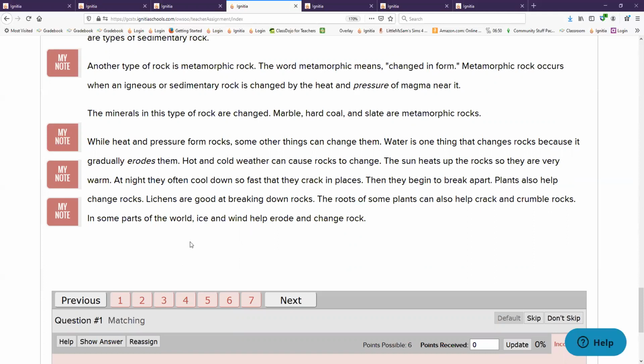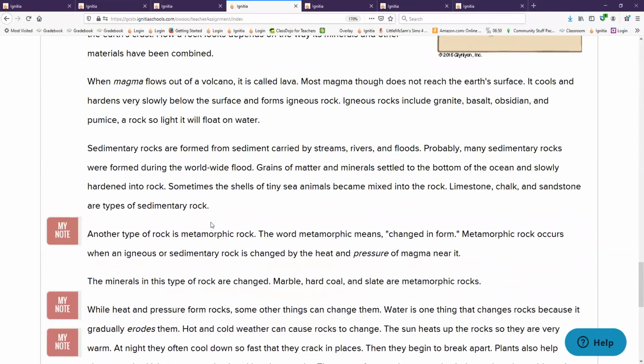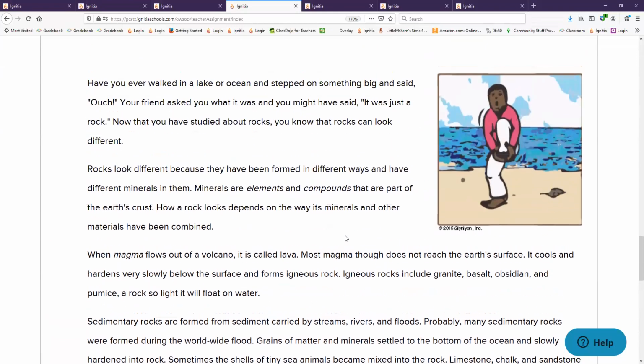Those are things that can break or erode or change rock. Okay, right in here, metamorphic rock, which means changed in form, is rock that's changed by heat and pressure of magma.